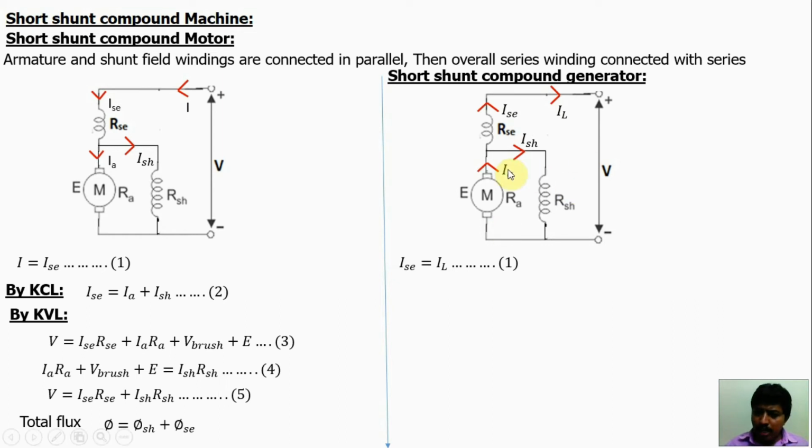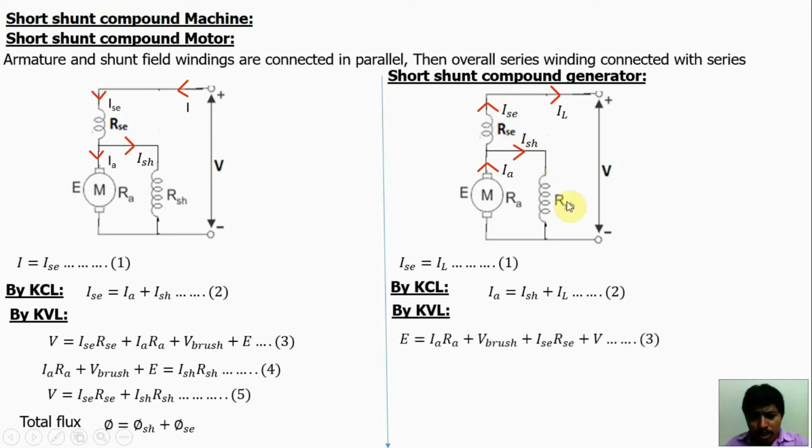Apply Kirchhoff's current law at this junction. We will get incoming current Ia is equal to outgoing current Ish and Ise. Ise means IL. Apply Kirchhoff's voltage law for this loop. Here the input is V, with drops IaRa, IseRse, and V brush.